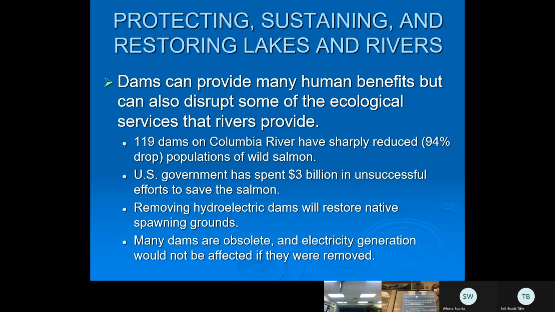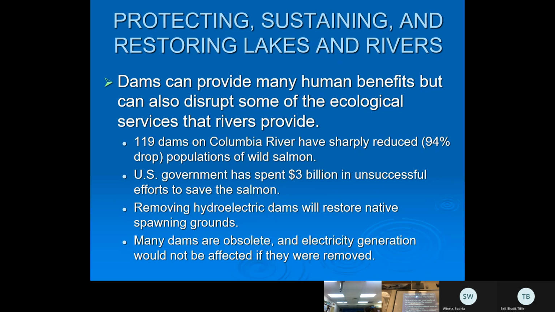So dams can give us lots of benefits. They make electricity without producing any carbon dioxide. They can reduce flooding, as long as they don't break. They can store water for a drought. They can provide water for farmers and for cities.